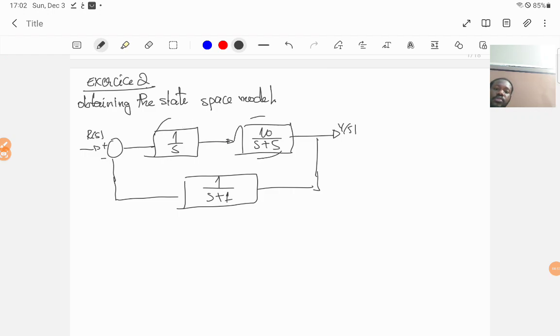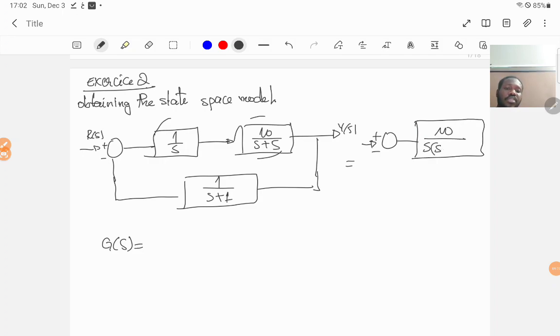This one and this one will give us the transfer function G(s) here. Let's draw it a little bit smaller in here. This one will give us 10 over s plus 5, so we create a transfer function in here.